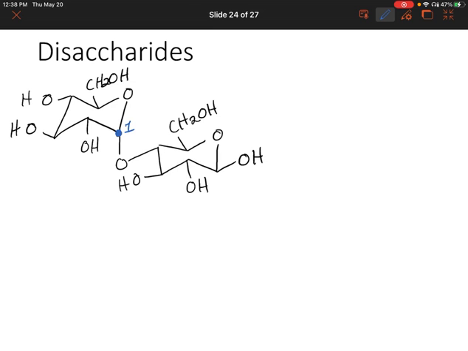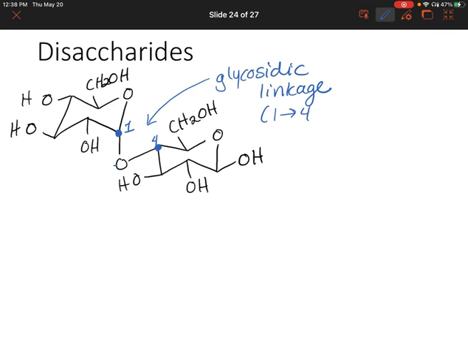And then we used the OH group from carbon 4 on the other monosaccharide to create what's called a glycosidic linkage. Now, because we're using carbons 1 and 4, we can also call this a 1,4 link.